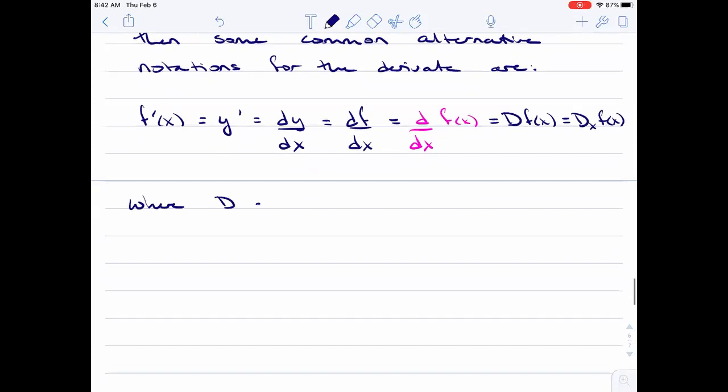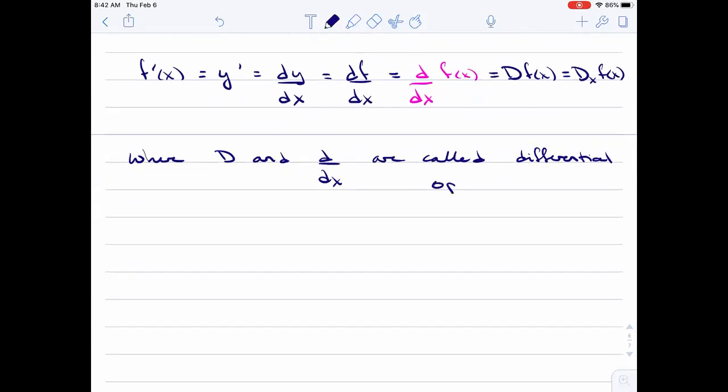Where capital D and d dx are called differential operators.